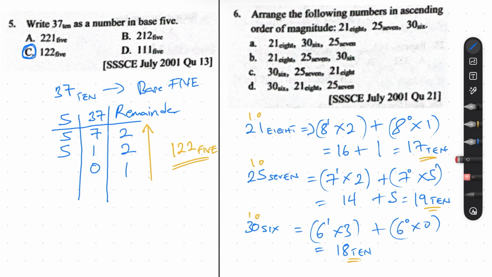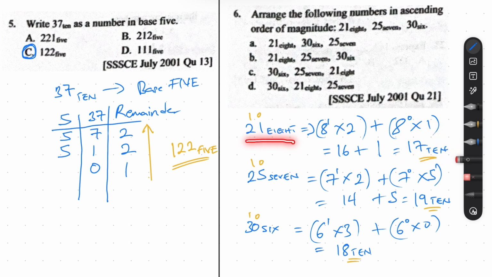Let me explain so you understand. Now all these are in base 10, so we can compare them and then arrange them. So the first one in ascending order is 17 base 10, which corresponds to 21 base 8.